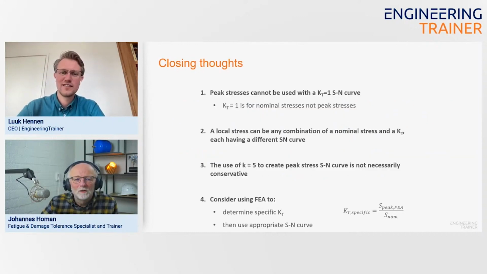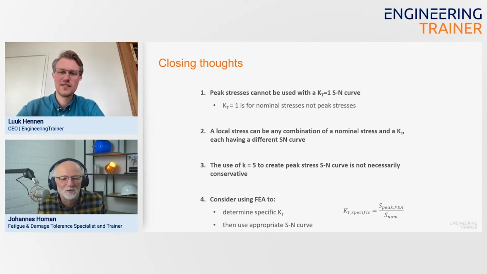Okay, some closing thoughts. Well, very clear now should be that peak stresses cannot be used with a KT=1 SN curve. We've seen that you get answers which are way off the exact solution.